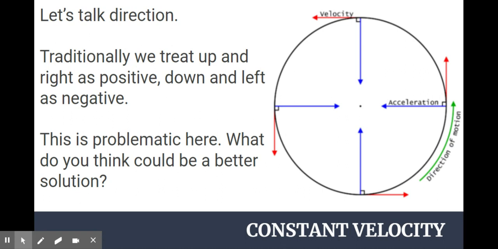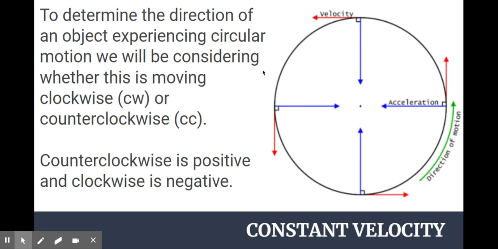All right. So what do you think could be a better solution, an easier way to describe the motion of an object when it's moving in a circle? Well, for this, we're going to refer to whether it's going clockwise or counterclockwise, okay? The unit circle is counterclockwise, so we consider counterclockwise to be the positive direction when it's in uniform circular motion.